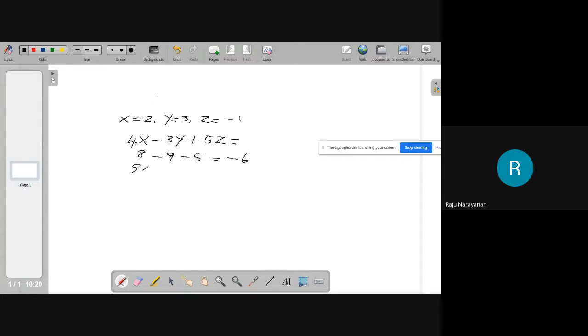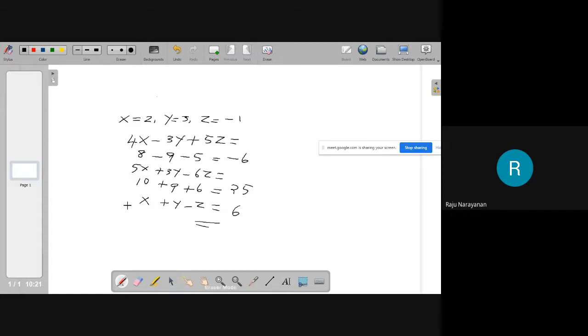And 5x plus 3y minus 6z, that is 5x is 10, 3y is 9, minus 6z is 6, therefore it is 25. And x plus y minus z is 2 plus 3, 5, 5 plus 1, 6.